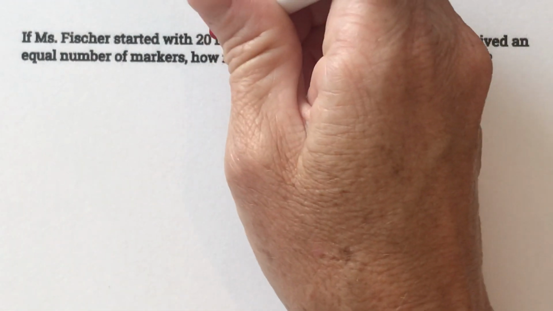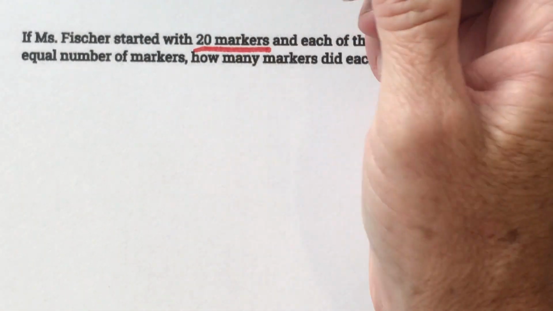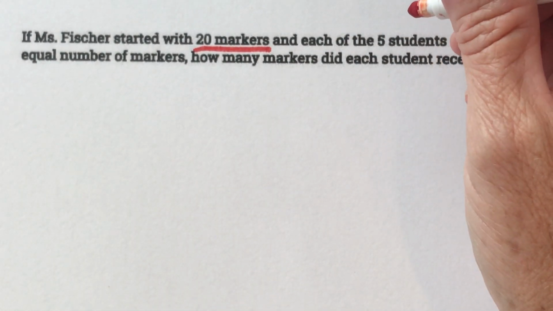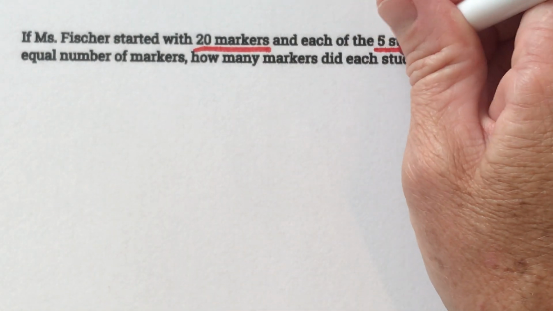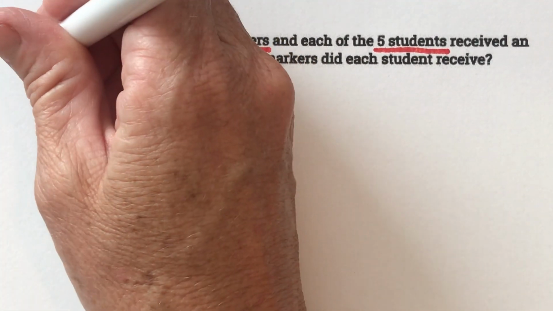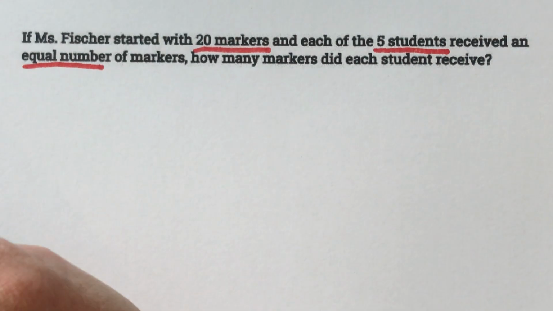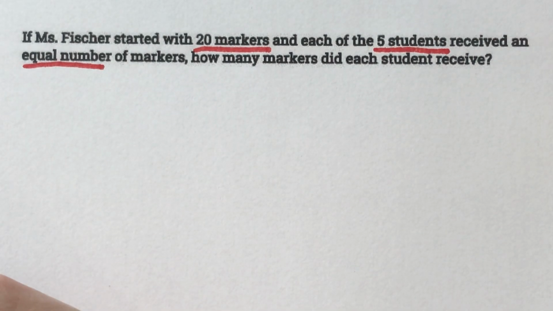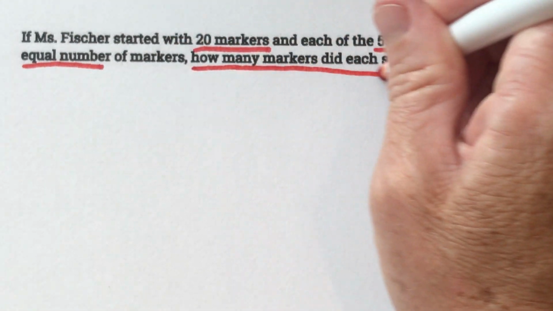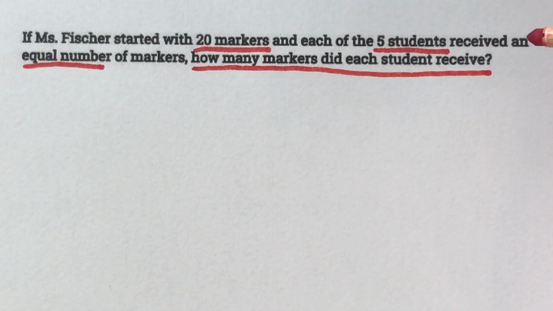Miss Fisher starts with 20 markers, and she's going to be sharing those with 5 students. It says they're getting an equal number. That's what division is. So she's sharing with 5 students equally. And my question is, how many markers did each student receive?